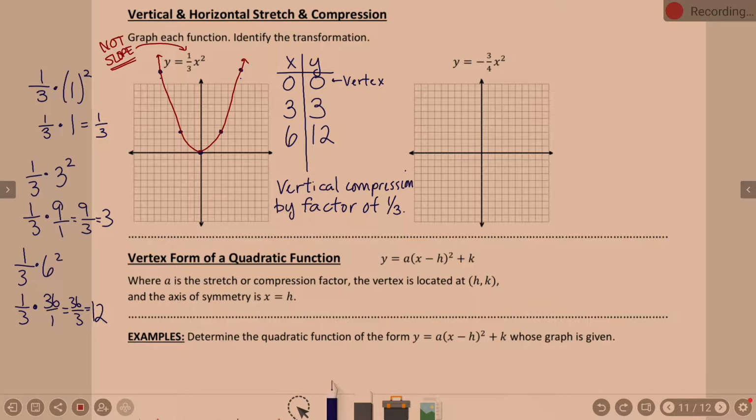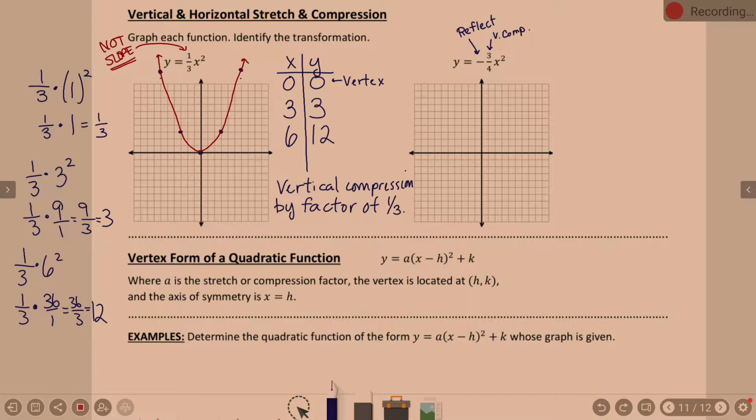What's different about this one? There's a negative, which means it's going to reflect. Okay. And what's the 3/4 do? Three-fourths does the vertical compression.